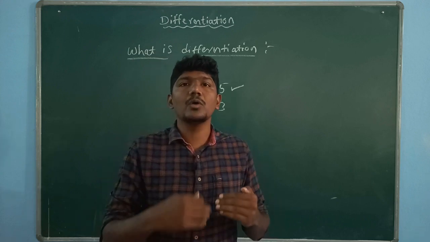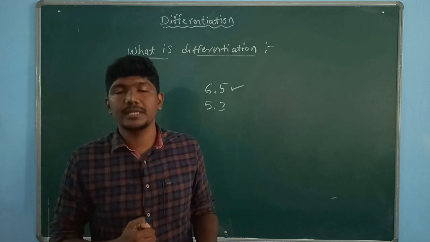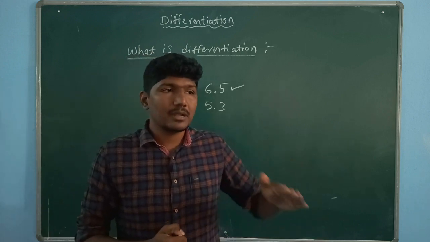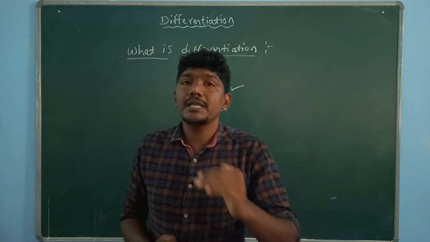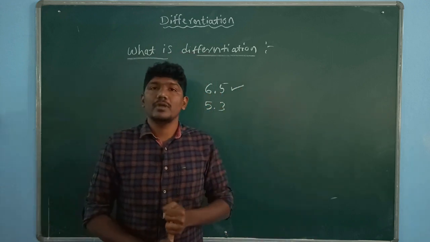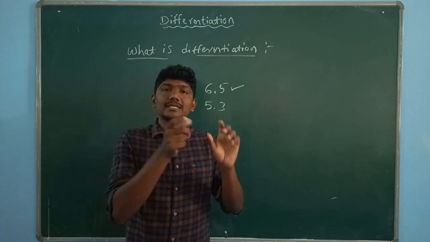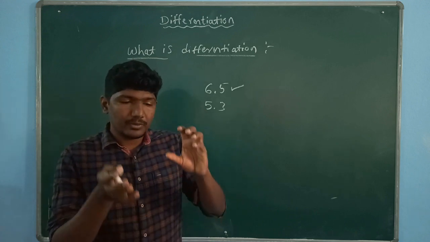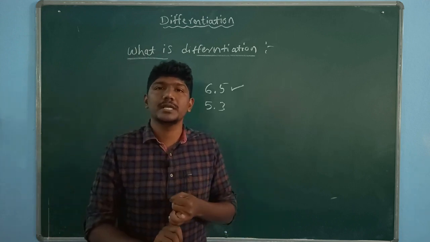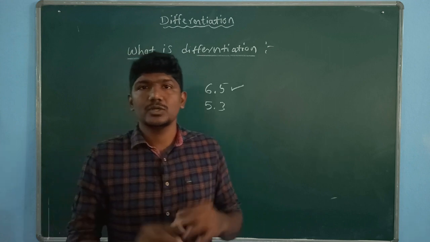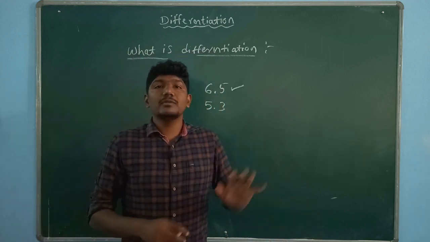We already know how to deal with average velocity and average acceleration, they are very simple, but our aim is to find instantaneous acceleration and instantaneous velocity. Differentiation is a tool, or a process, using which you can easily find instantaneous velocity and instantaneous acceleration. So this is the point. Let's see how to deal with differentiation.